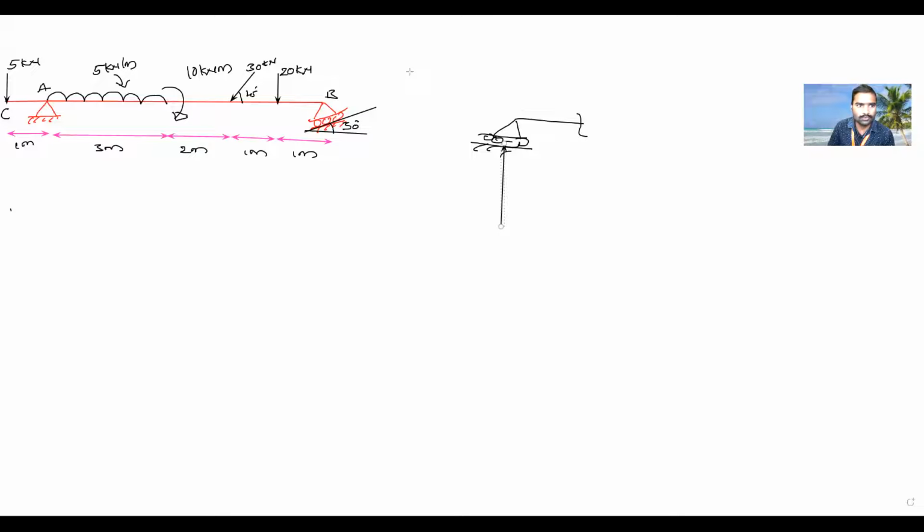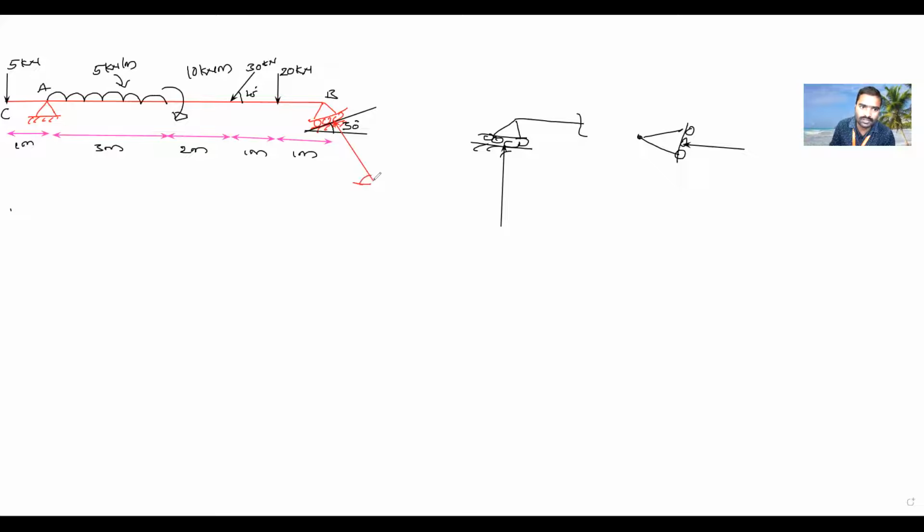If the support is like this, how will the normal reactions be? Reaction is always normal to the support. Now the support is making an angle of 30 degree, so the reaction will be exactly perpendicular to the support, and this reaction is making an angle of how much?